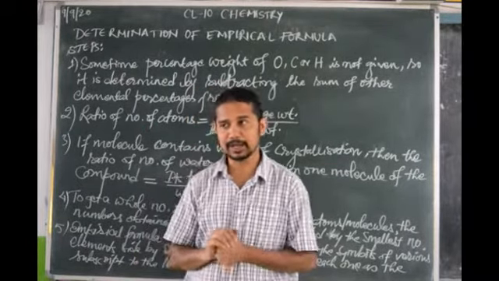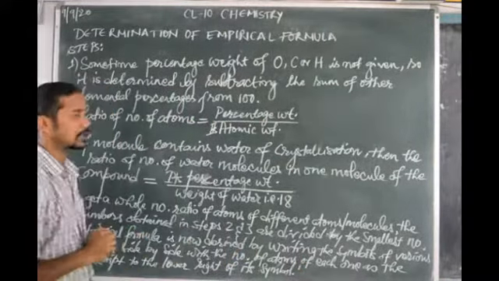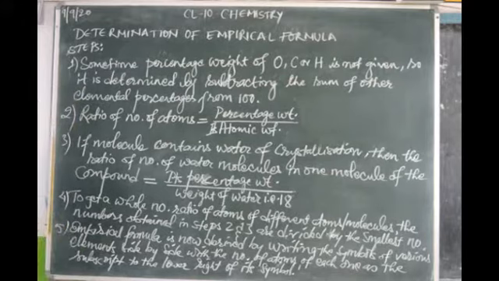Now today we will be learning how to determine the empirical formula of a compound. There are some steps we need to follow. Sometimes the percentage weight of oxygen or carbon or hydrogen is not given.